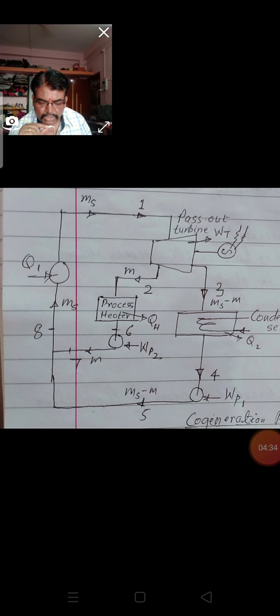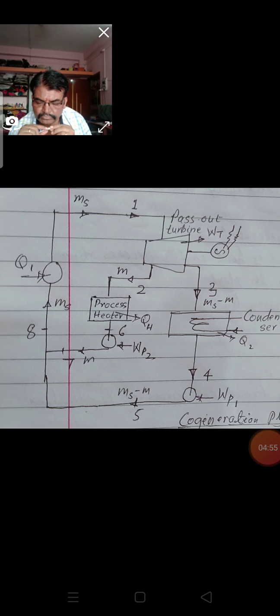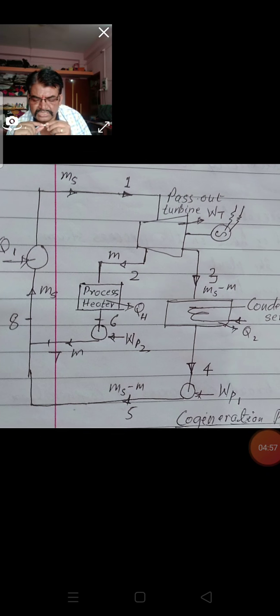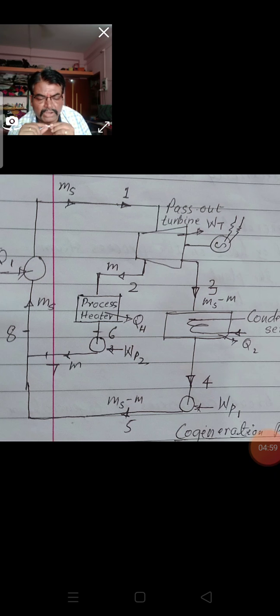Now in this diagram, we have to learn what the extraction turbine is. In figure B, again there are a boiler, turbine, condenser, and pump, and between the turbine and the pump there is a process heater. So how does it work?